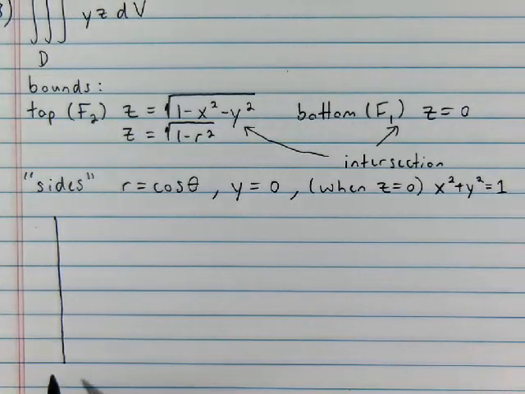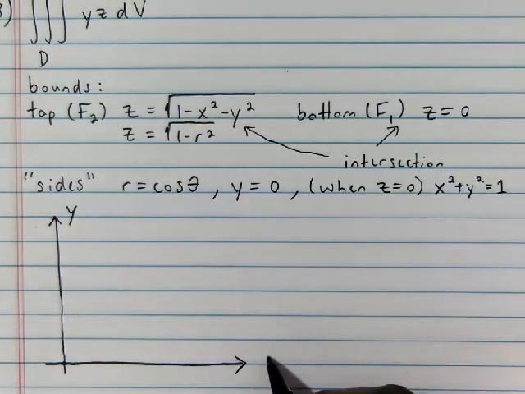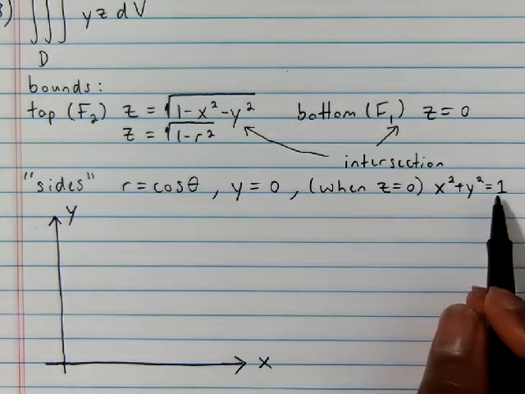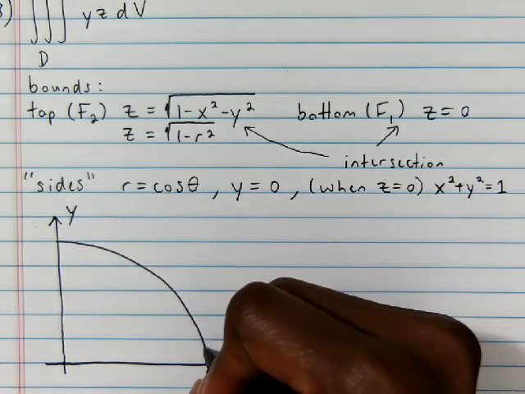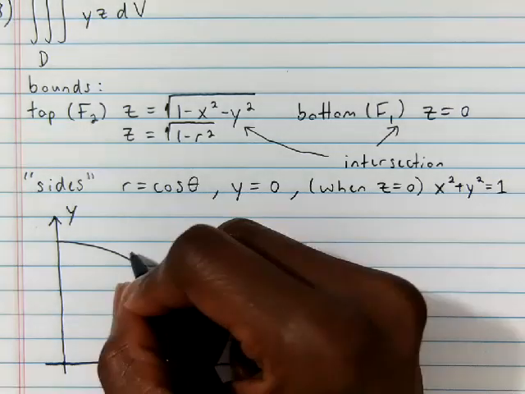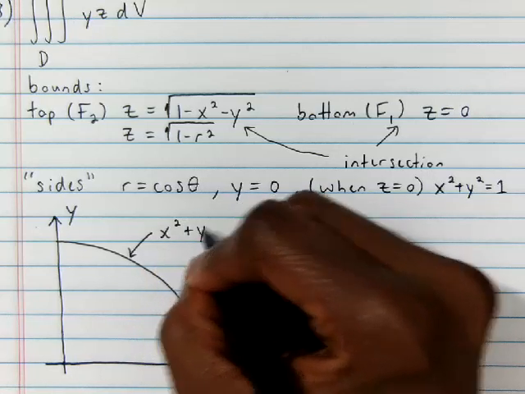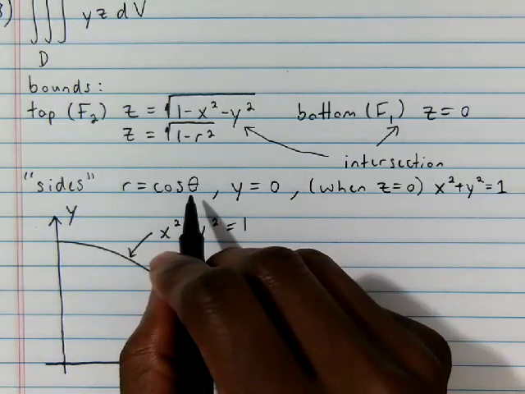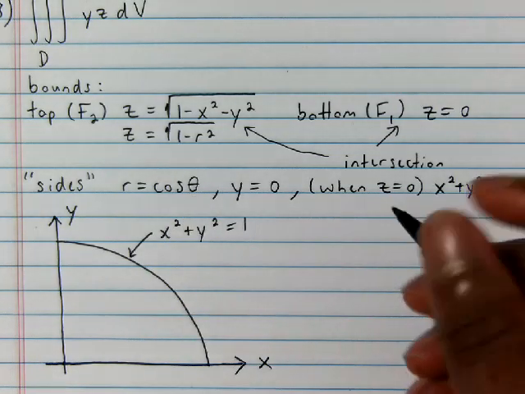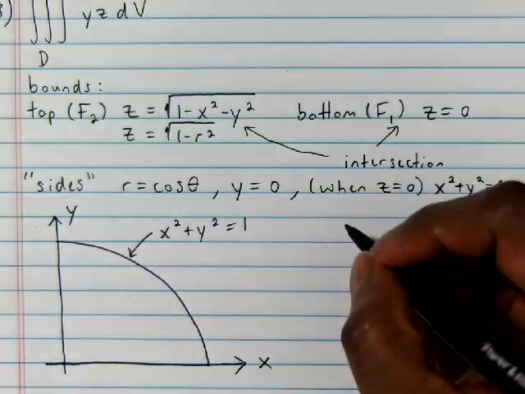So we're going to have a quarter circle, and this is x squared plus y squared equals 1. And we're going to have r equals cosine theta. We've gone over that a couple of times, but I'll do it again. Eventually you'll recognize what that is without having to go through much effort.